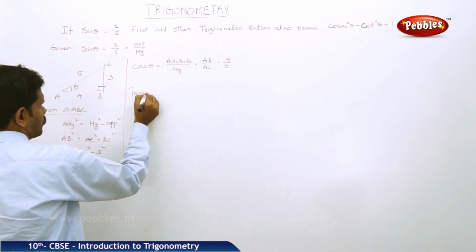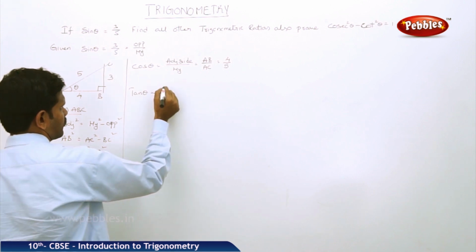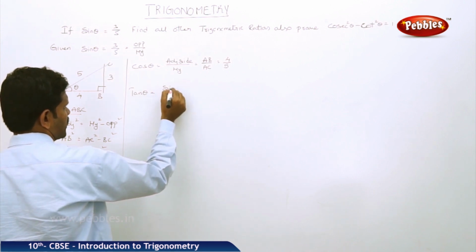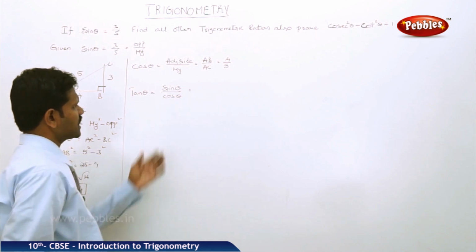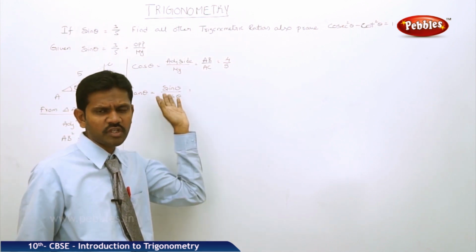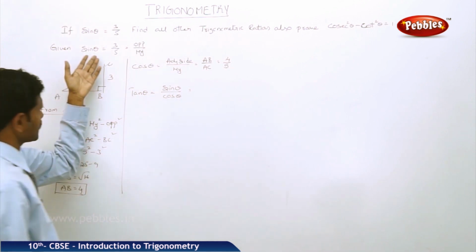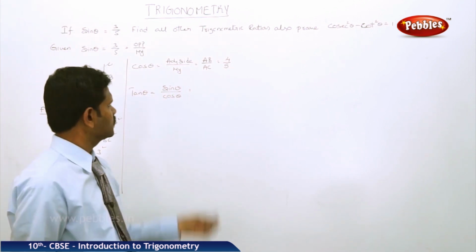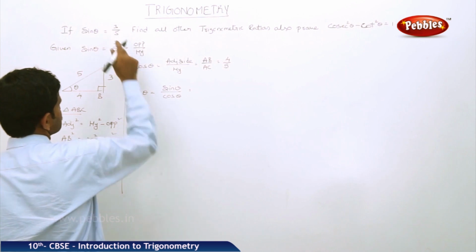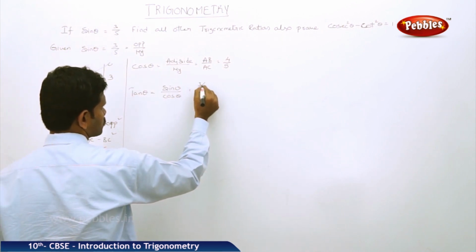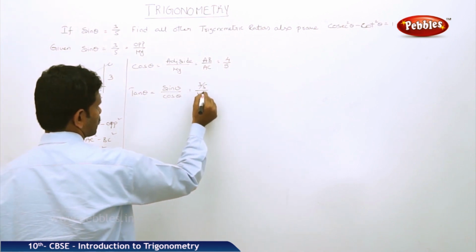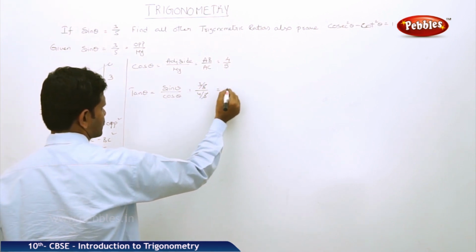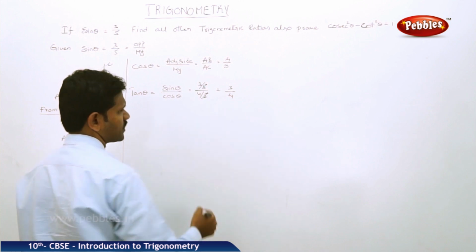Next, tan theta is sin theta by cos theta. I know the sin value and the cos value: sin theta is 3 by 5 and cos theta is 4 by 5. Both denominators cancel, therefore tan theta is 3 by 4.